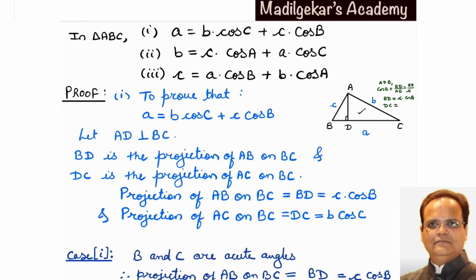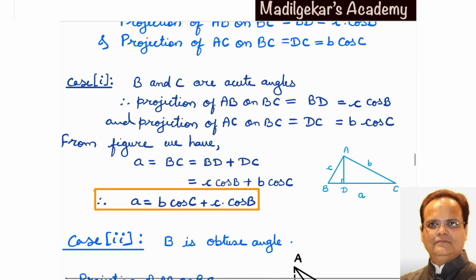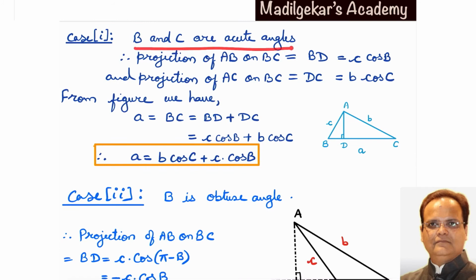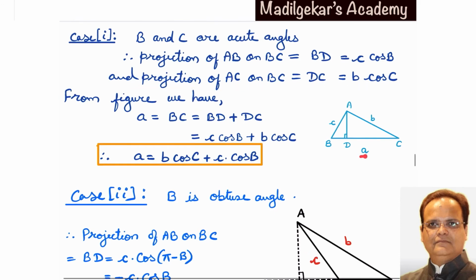There are three cases. First case, B and C are acute angles. So the projection of AB on BC, which is BD, we just saw is c cos B. The projection of AC on BC, that is DC, is b cos C. So from the figure, a is the length of BC.